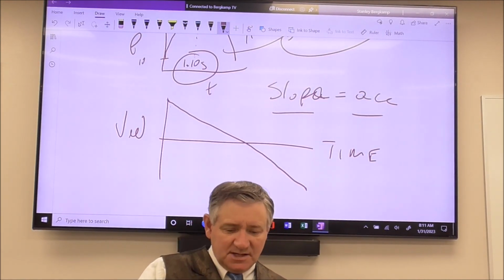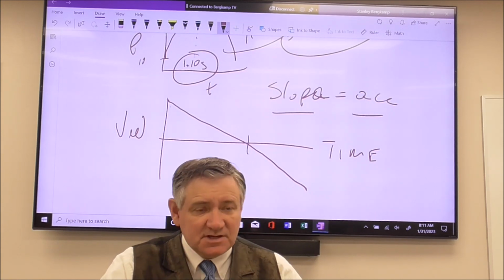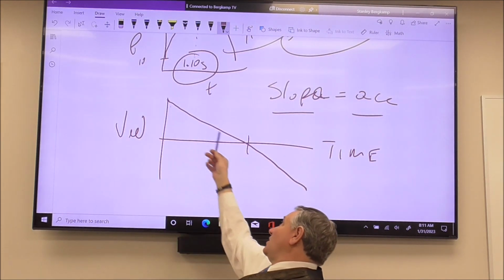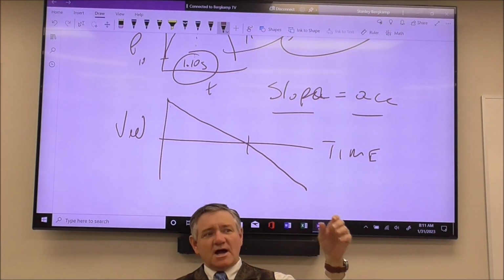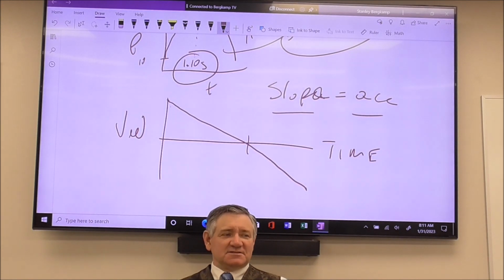So your velocity time graph is going to be pretty boring. You're just going to pick a point of some positive velocity and draw a line down like this. It's the only time I'm going to ask you to draw a graph without knowing the data. We'll get this.